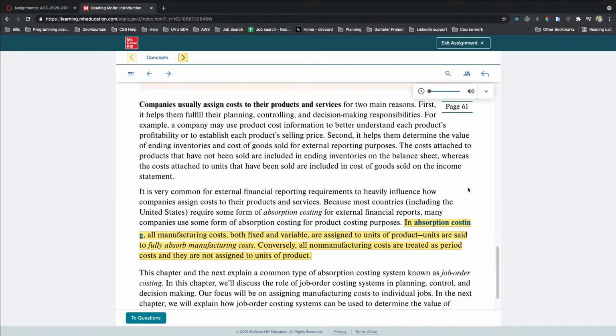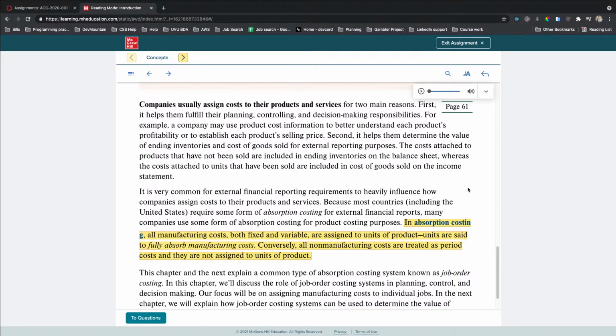Second, it helps them determine the value of ending inventories and costs of the goods sold for external reporting purposes, which may not be important if you have your own business and you're not publicly traded.